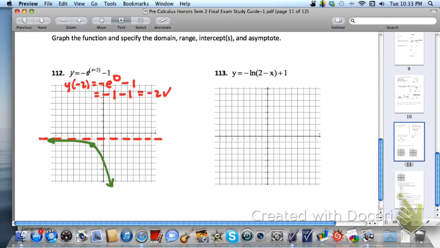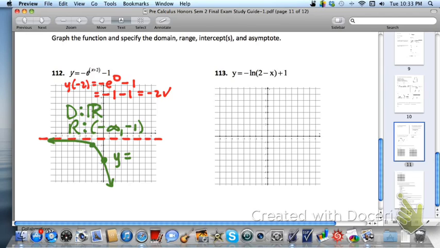And then up above it says specify the domain. Well, the domain is all real numbers. The range is all real numbers less than negative 1, so that would be indicated by the interval from negative infinity to negative 1. Intercepts, we have no x-intercept, but we certainly have a y-intercept, and what y is equal to is when x is equal to 0.